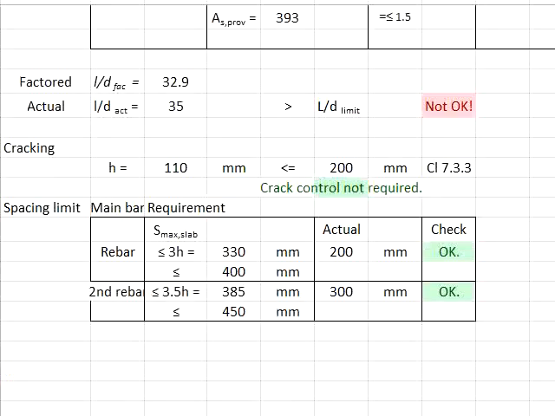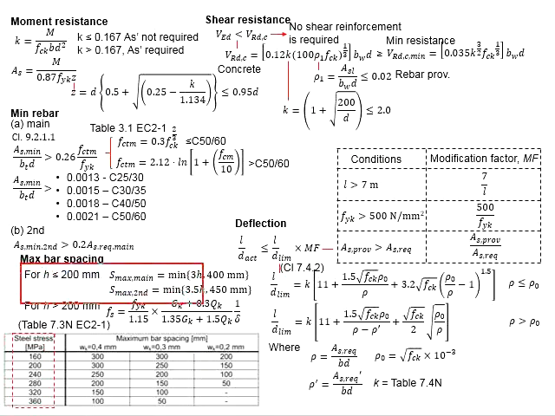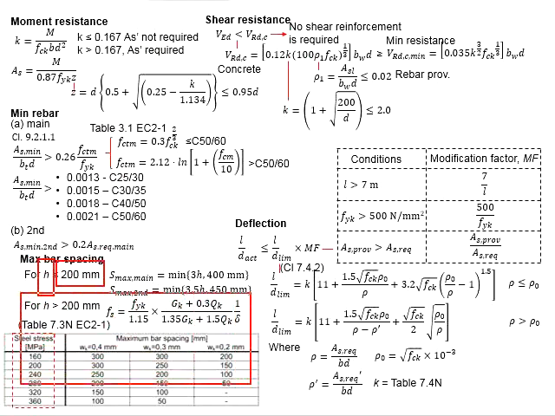Next, we will need to check for the maximum spacing of the reinforcement bar. You know that the thickness of the slab is 110, which is less than 200 mm. The maximum spacing of reinforcement bar will be determined by the equation here. It is only when your h is greater than 200 mm that you will use this formula and the table.